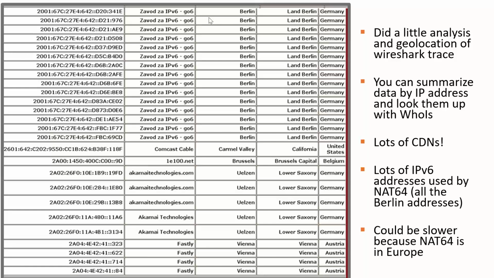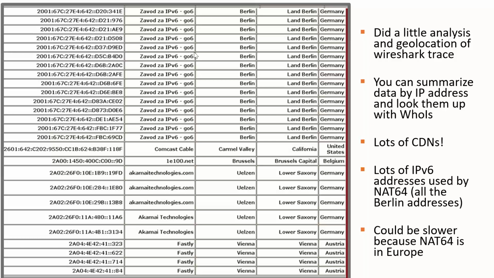The other thing that was real fun that I did is a little analysis and some geolocation using that Wireshark trace, and you can see here that lots of CDNs are involved within this.